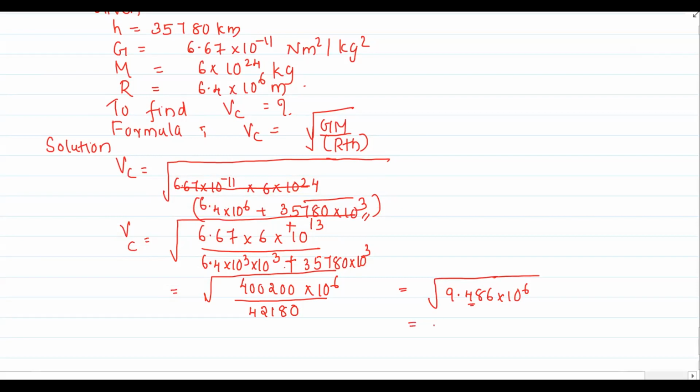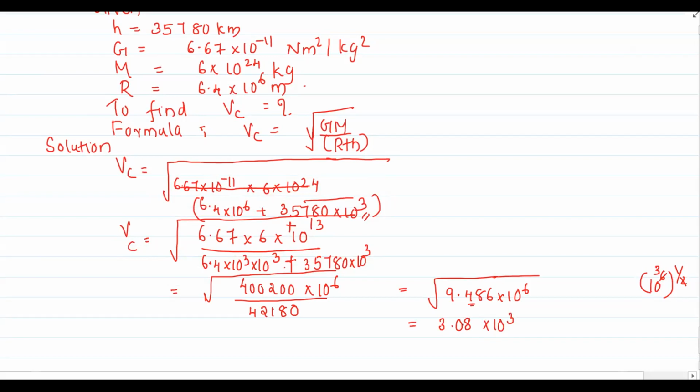On taking the root, we will get 3.08. For 10 raised to 6 root, square root means 1 upon 2, so 2 and 6 will get cancelled, 3 times. So we got into 10 raised to 3.